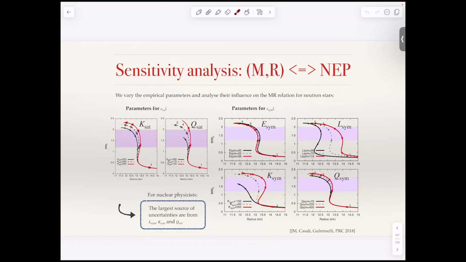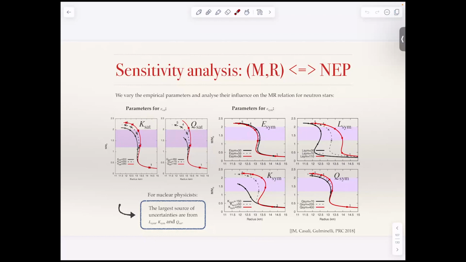On the left here, I show parameters for symmetric matter, and on the right, I show parameters for the symmetry energy. So for instance, you may say, well, I would like to know more accurately the incompressibility of nuclear matter, because I believe that this has a great impact on mass and radius of neutron stars.